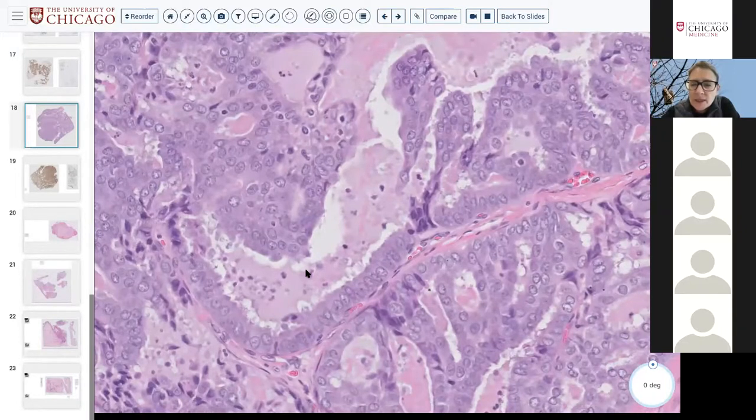So what would the PAS diastase tell you about the secretions? It would be PAS positive and diastase resistant.